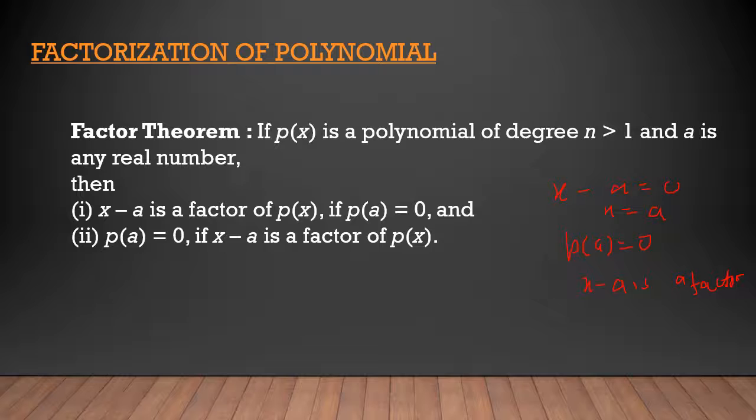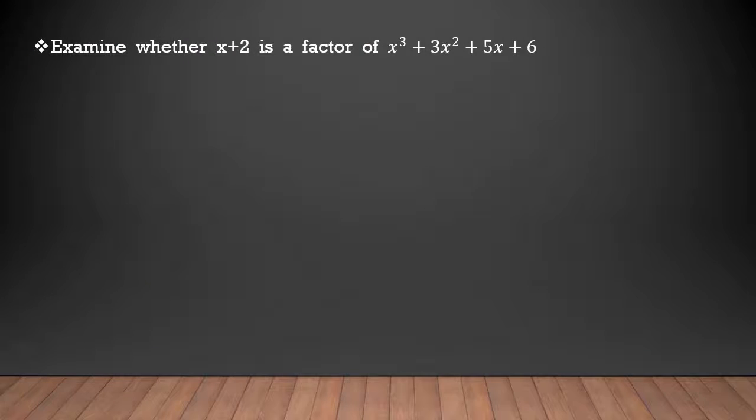And this is again the same form. Now we have to move forward and discuss some examples, to find whether x plus 2 is a factor of this or not. So how to find this? Simply we can use the remainder theorem, and if the remainder of this division is 0, then we can easily say this is a factor, otherwise it is not.